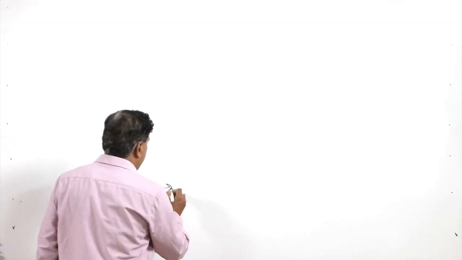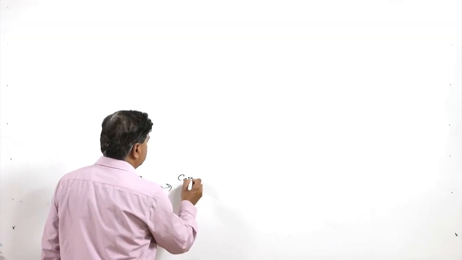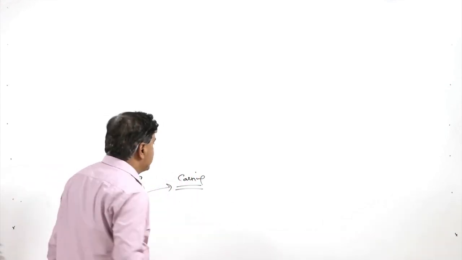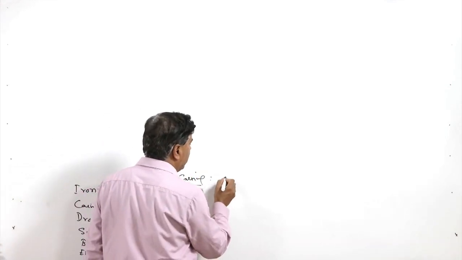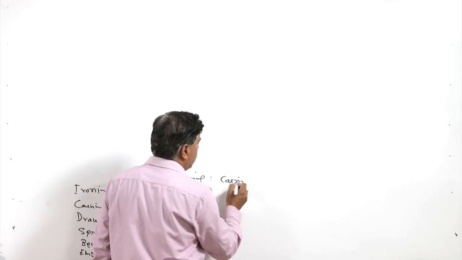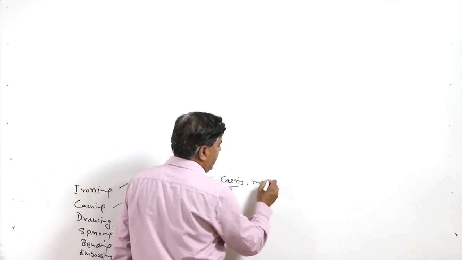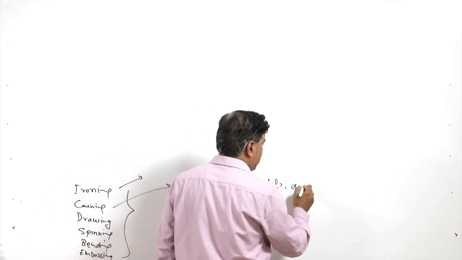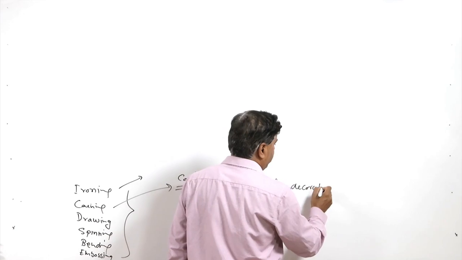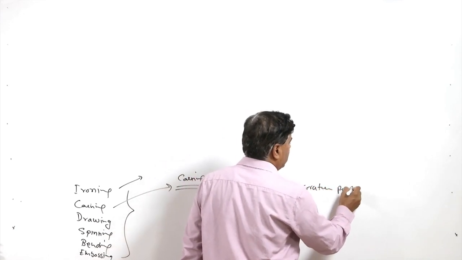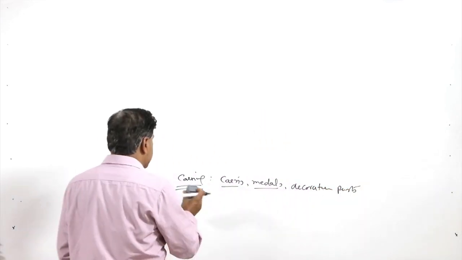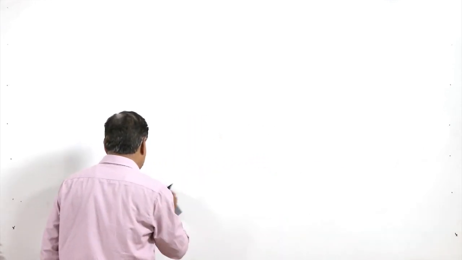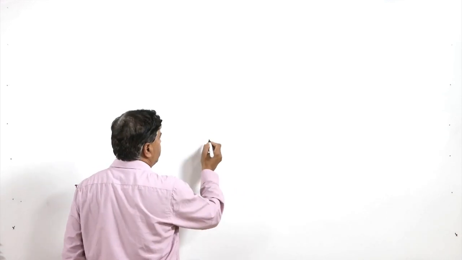And the coining. The coining process is used for making coins, medals, and other decorative parts or components. In this case both die and punch are used.